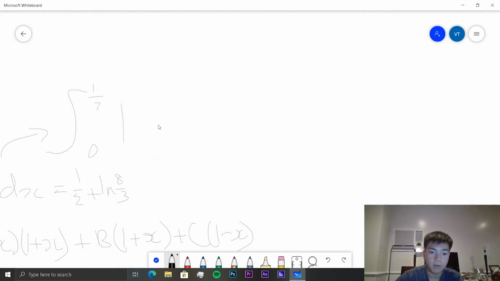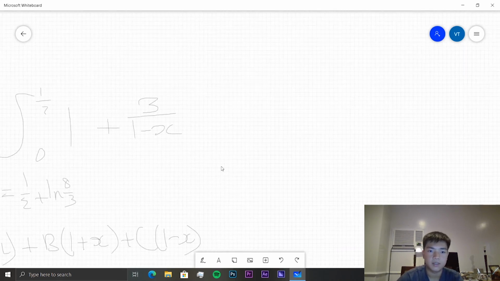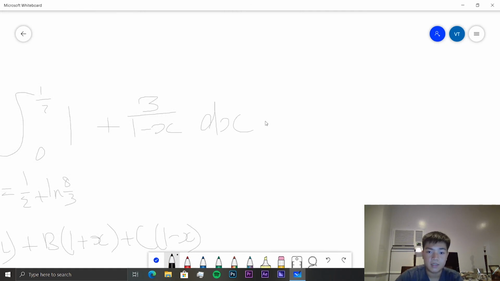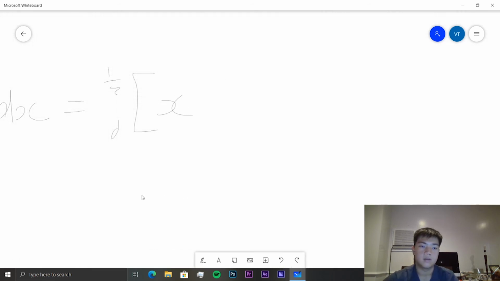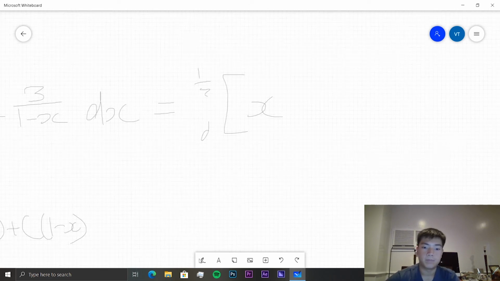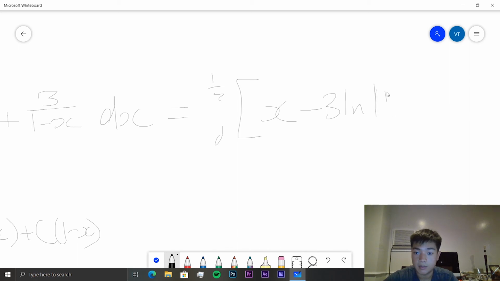So this is going to be 1 plus 3 over (1 − x) dx, which is equal to x minus 3 ln(1 − x).